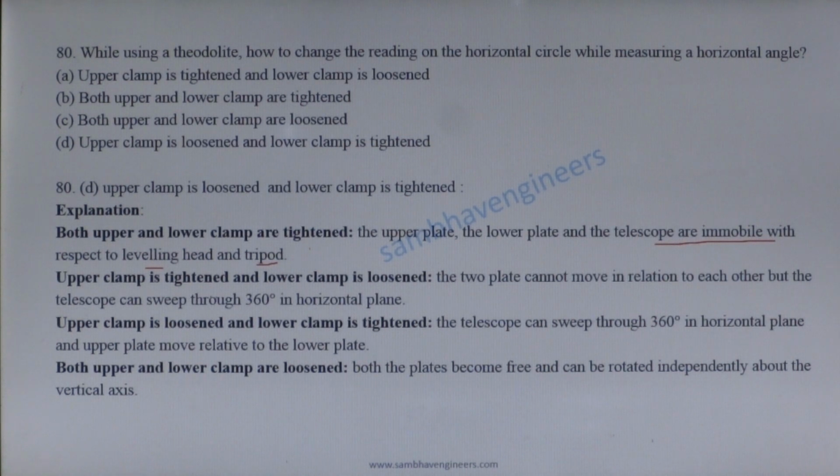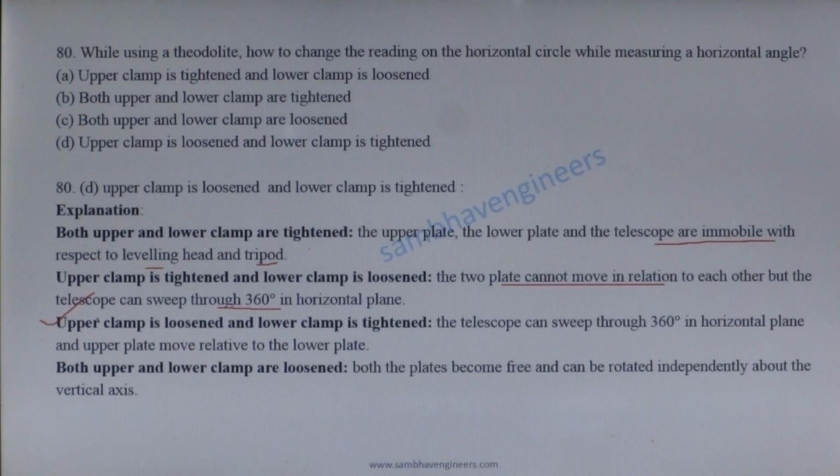If upper clamp is tightened and lower clamp is loosened, the upper plate and lower plate cannot move with respect to each other, but the telescope can move 360 degrees in the horizontal plane.